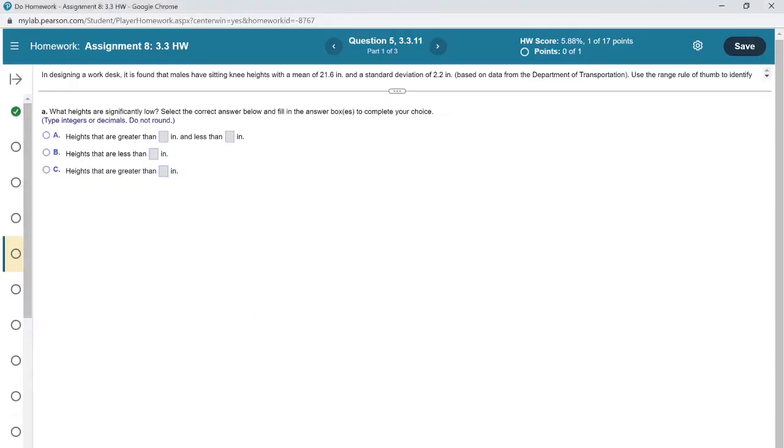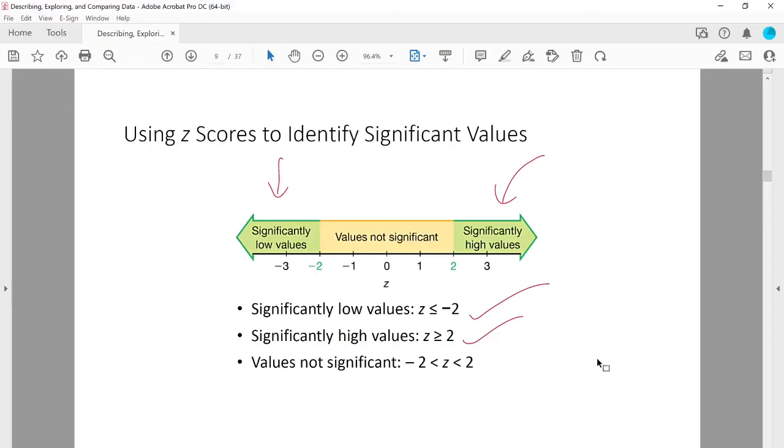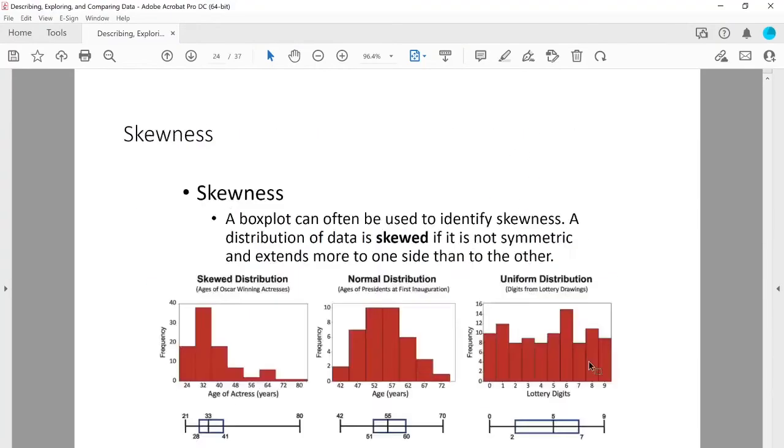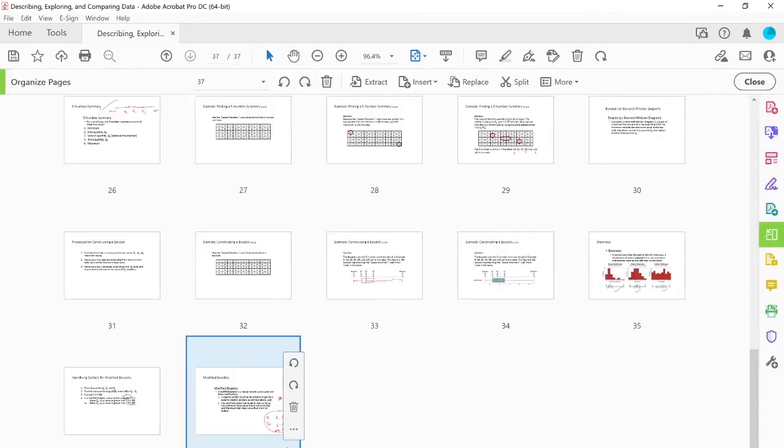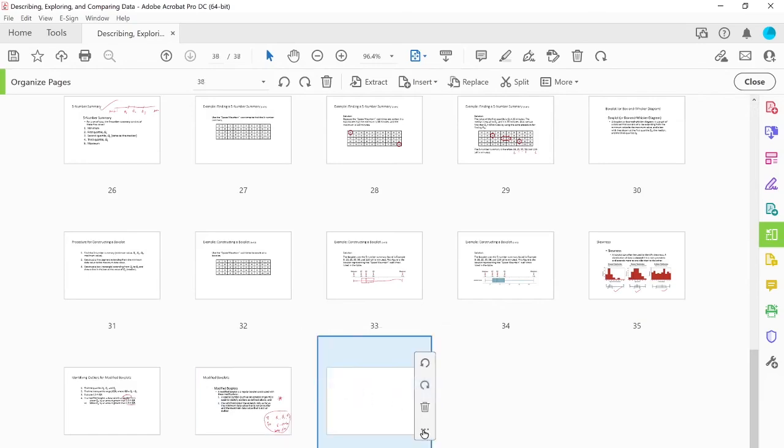So to answer the first question, what heights are significantly low, you need to assume that your z-score is -2, and then using the information given here, you can find out the height. So let me just use a blank page here.